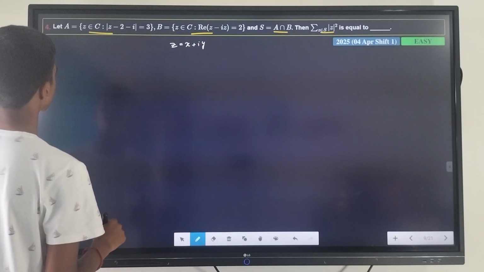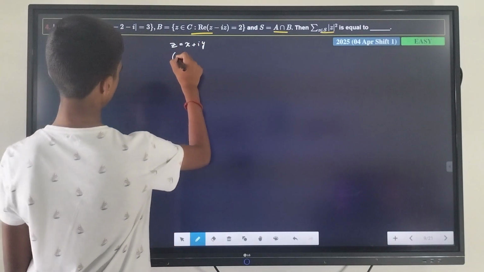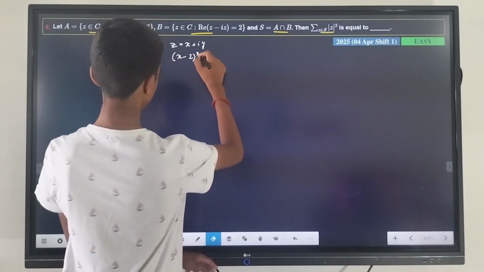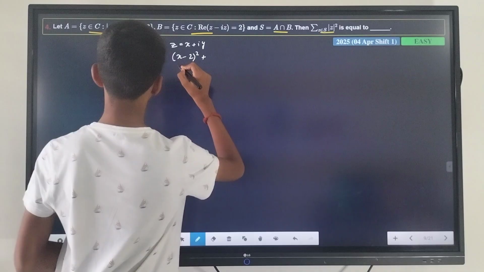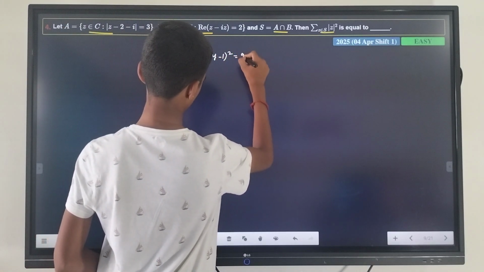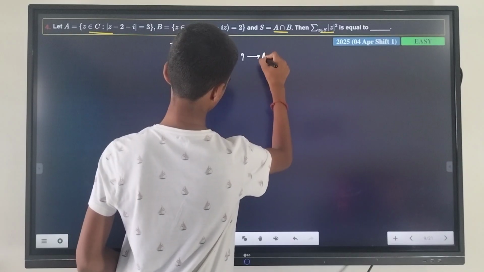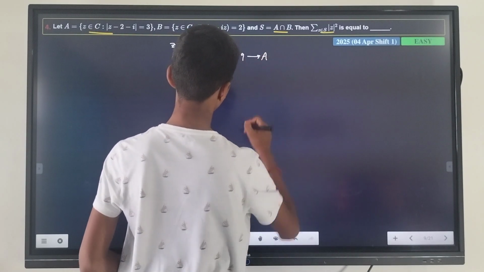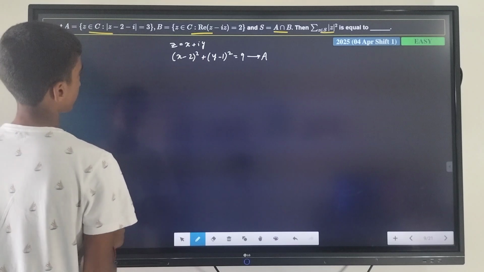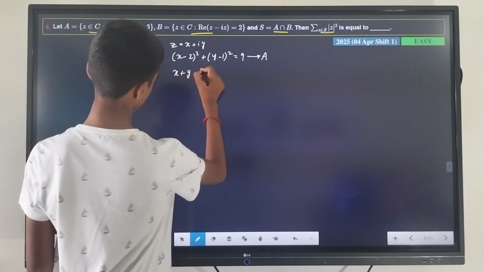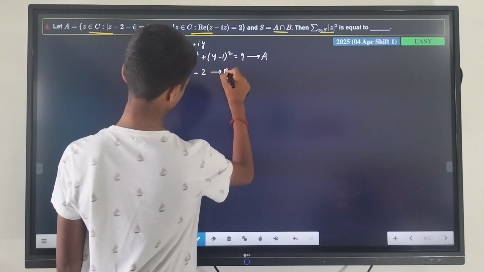So we can write set A as X minus 2 square plus Y minus 1 square is equal to 9. This is from set A. And from set B we will have X plus Y is equal to 2.